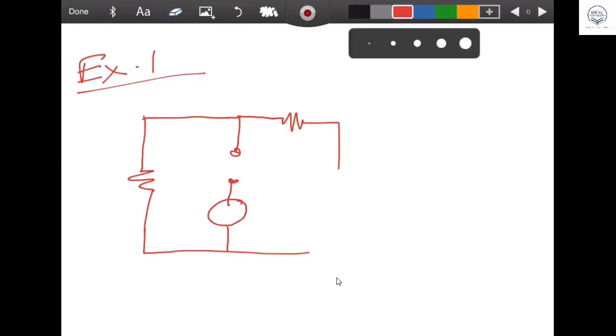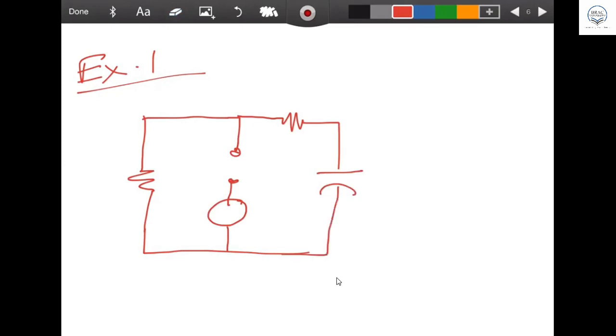Now let's say a 2 ohm resistor, this is your 4 ohm resistor, and this can be a capacitor of 10 microfarad. Now this can be a voltage source of plus minus 9 volt.